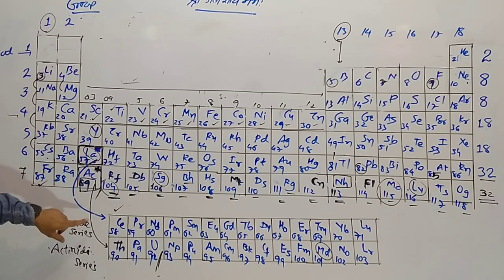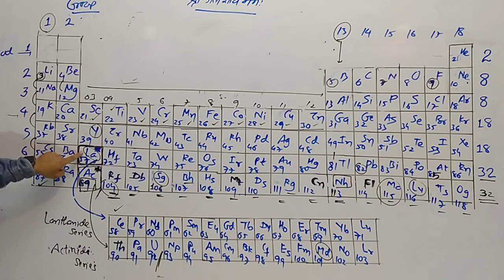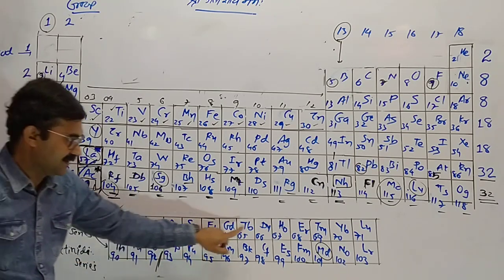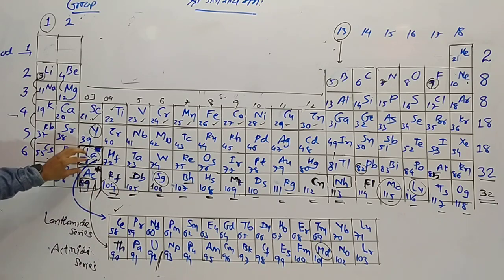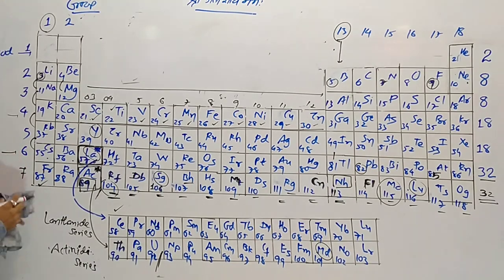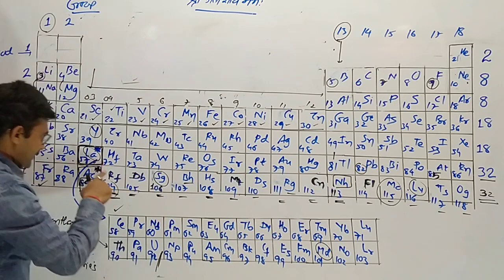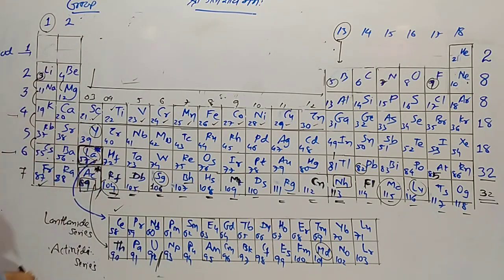Remember, because all the 14 elements have similar properties to lanthanum, it is called the lanthanide series. These elements come in period number 6 and group number 3. Now the 14 elements have no place here with lanthanum.